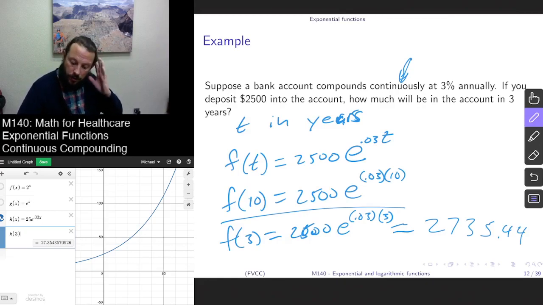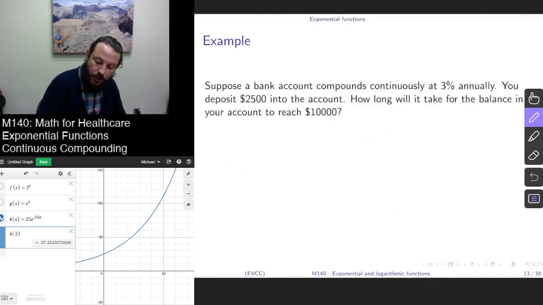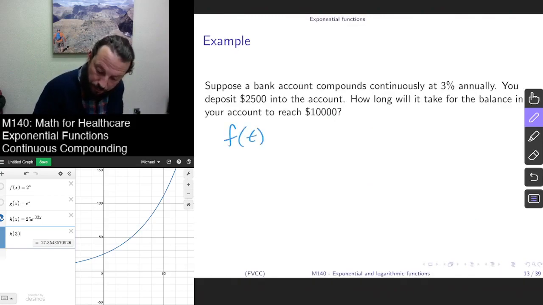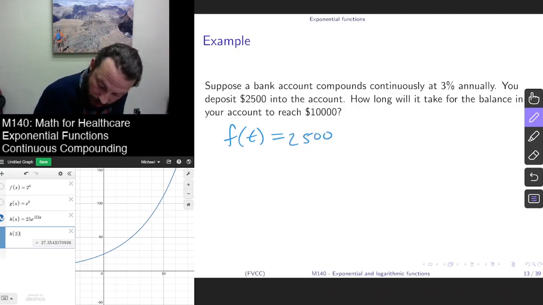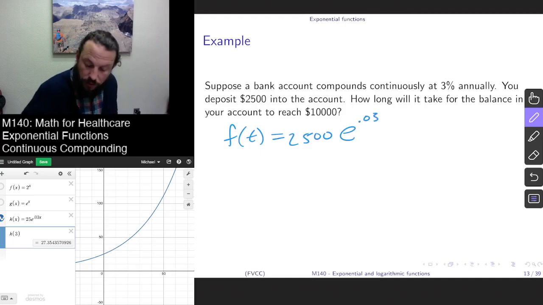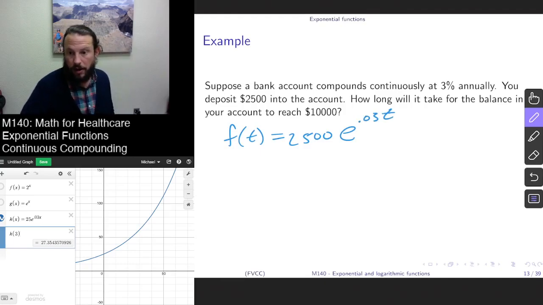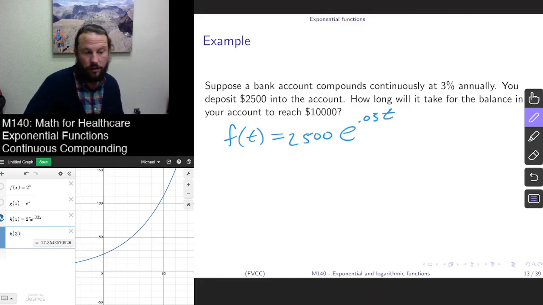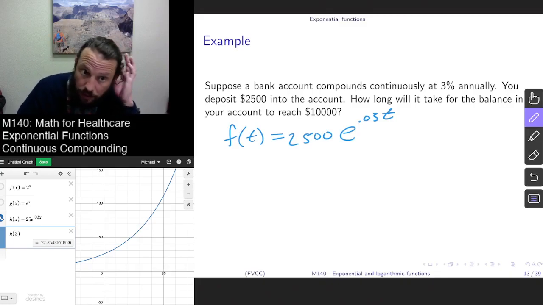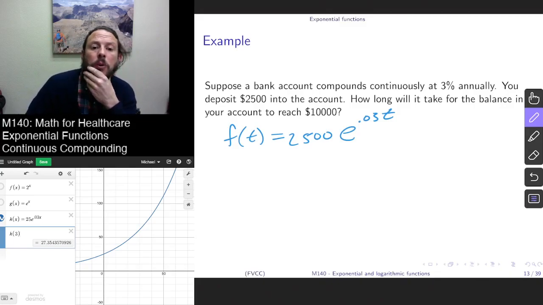However, we may be asked something different. With the same account, I'm going to rewrite my function f of t equal to 2500 e to the 0.03 t. Again, that's what I have graphed here, just in hundreds of dollars rather than in dollars. We want to know how long it will take for the balance to get to 10,000.